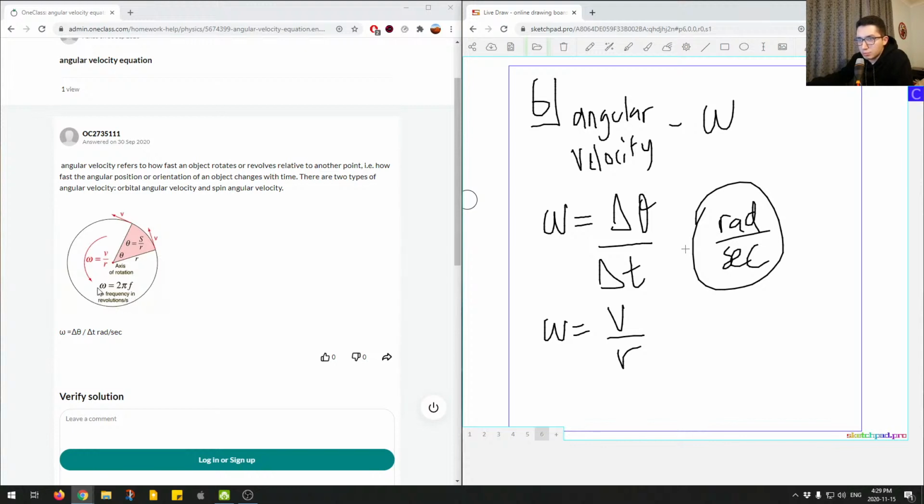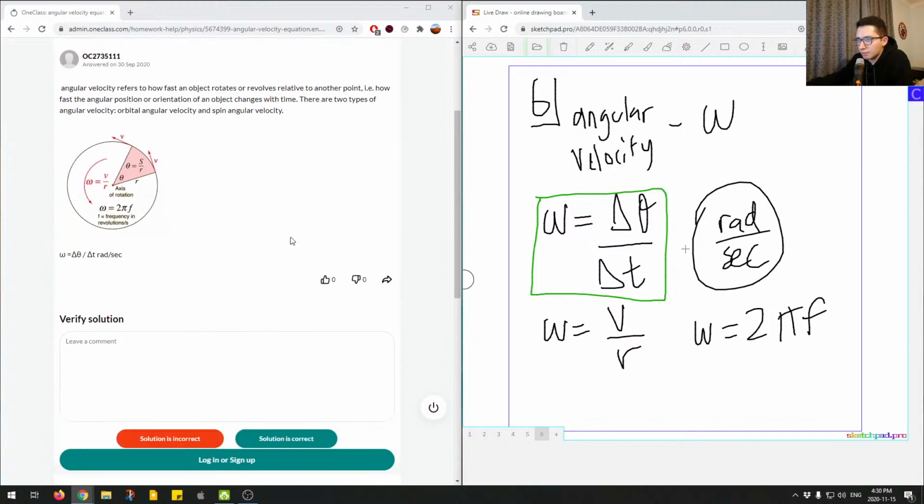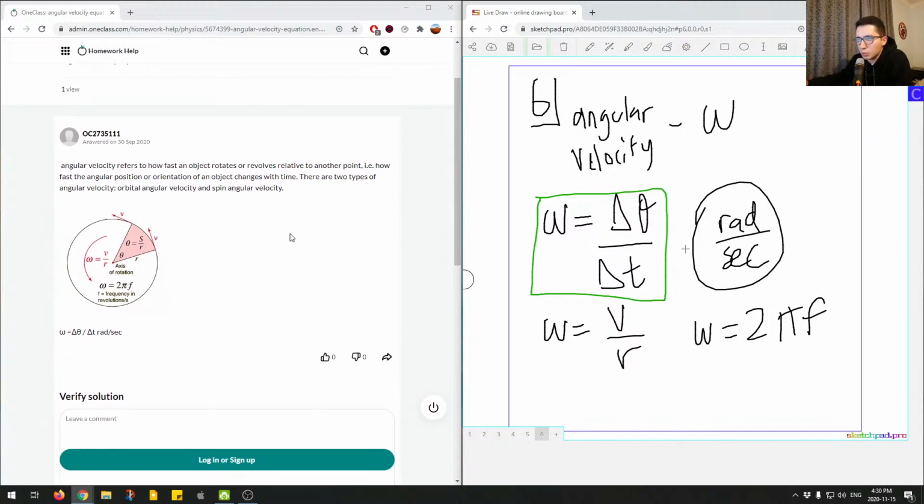Frequency is revolutions per second, so angular velocity can also be 2 pi f, frequency. This is often dependent on how the question is phrased, what the givens are, and so on, but usually when I think about angular velocity, this is the main equation I think about. It gives you what it truly means: change of the angle over some period of time.